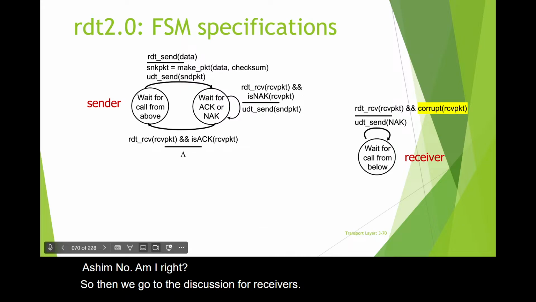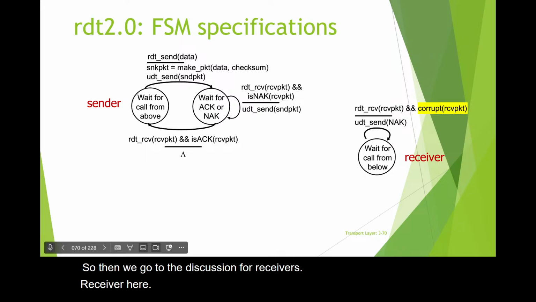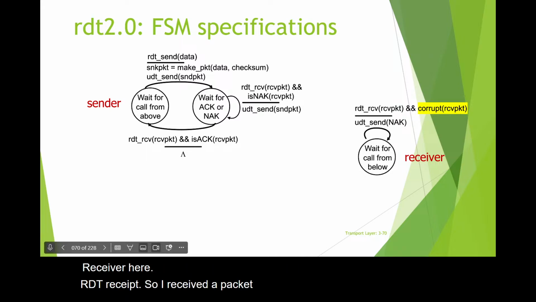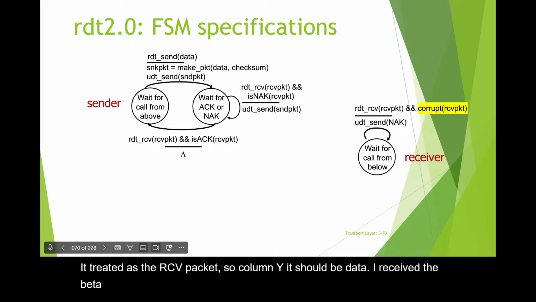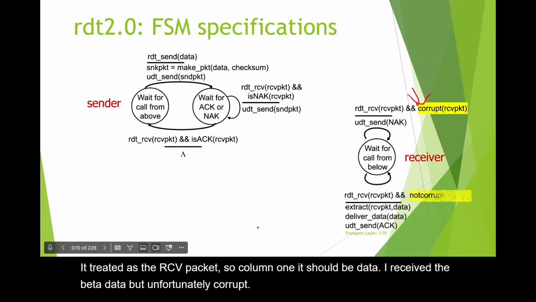Receiver here, RDT receive. So I receive the packet. So for the receiver calls, any packet to the receiver, it's treated as the RCV packet. So current one, it should be data. I receive the data, but unfortunately corrupt. So what that means, corrupt?